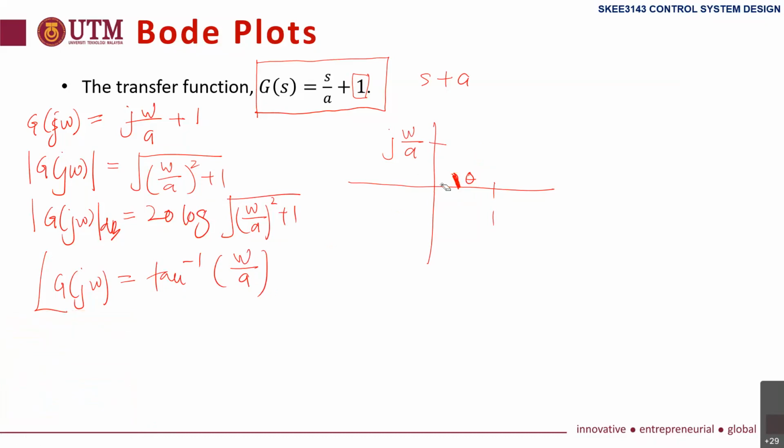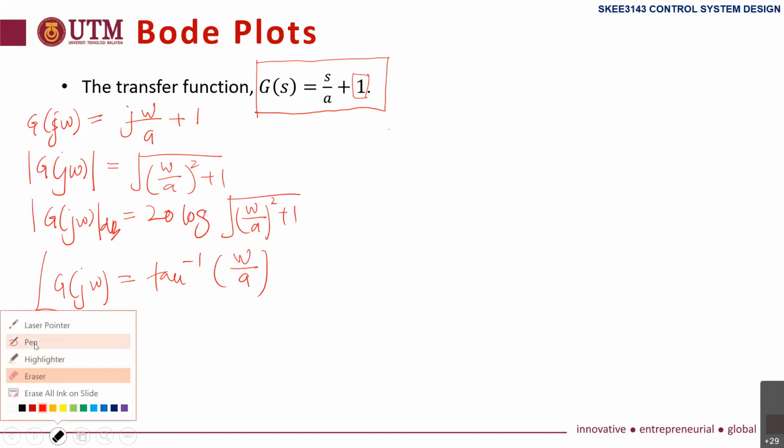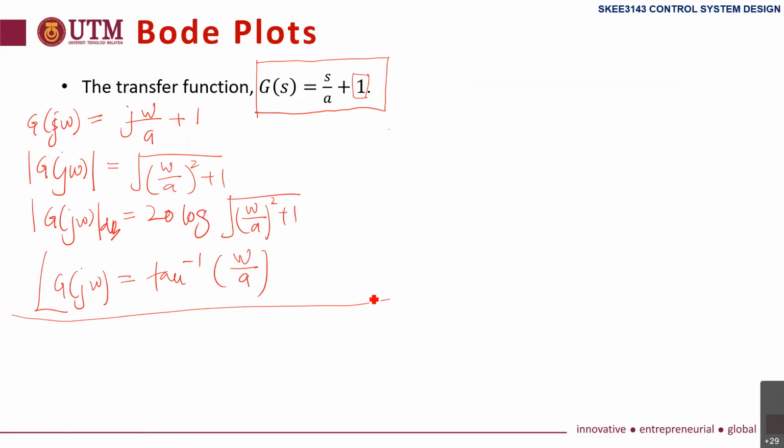I will erase this first. Okay, we have to discuss 3 conditions. First, when omega is equal to A, the magnitude in dB is 20 log of the square root.